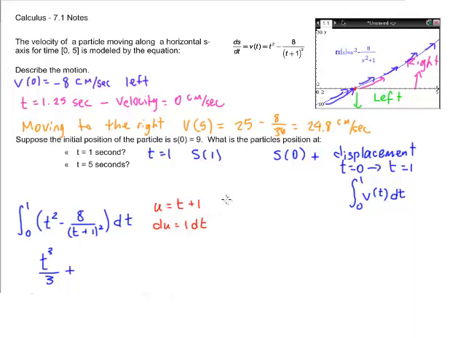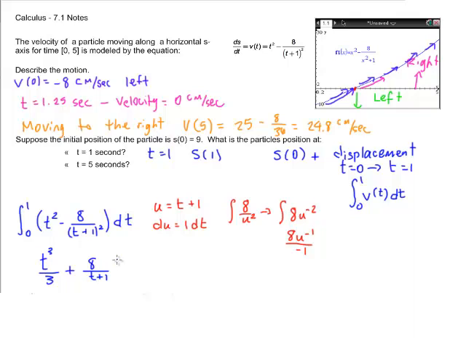So basically, what I'm integrating is 8 over u squared, which is the same thing as integrating 8u to the negative 2. Okay? So what I'm going to end up with is 8 over t plus 1. And it's going to be a plus because of that negative guy right here. Keep in mind this is going to be 8u to the negative 1 over negative 1.